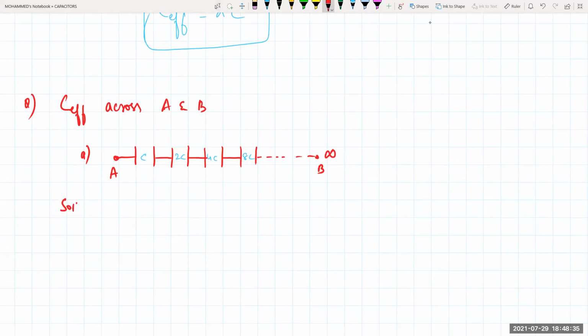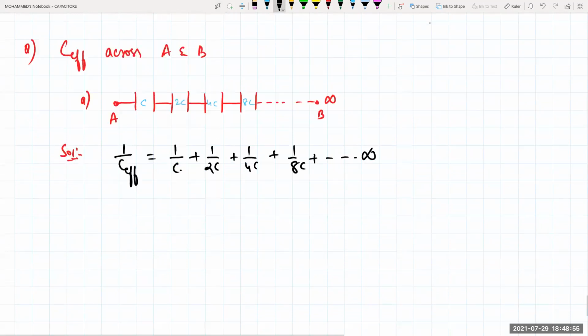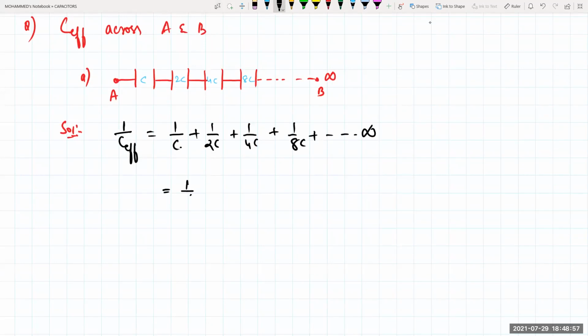They are going up to infinity. So which combination will this be? Series. So it is 1 by C plus 1 by 2C plus 1 by 4C plus 1 by 8C plus so on up to infinity. What is common here? 1 by C is common.